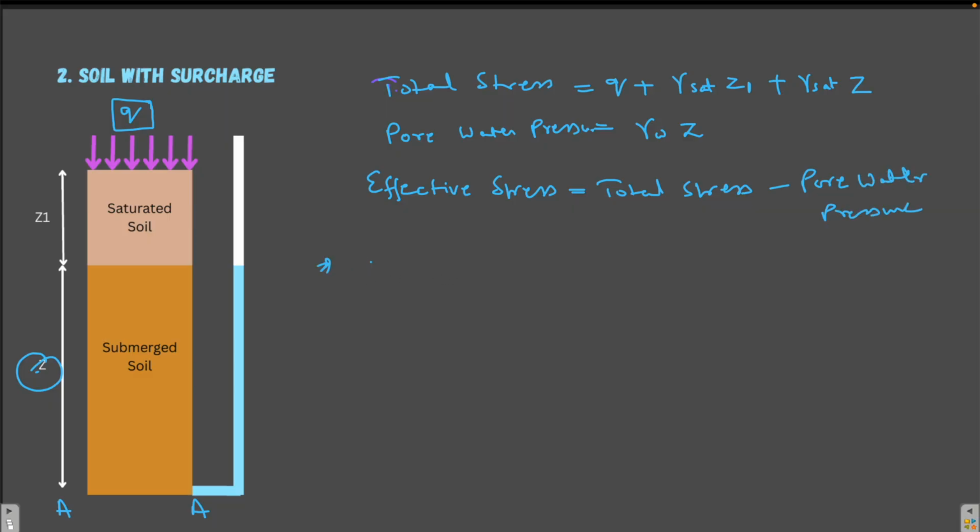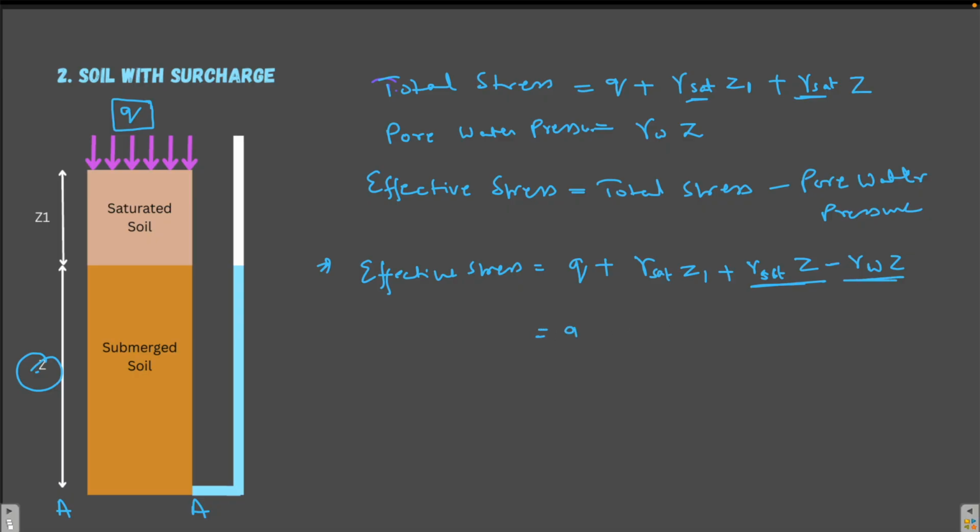So effective stress will be Q plus gamma saturated into Z1 plus gamma saturated into Z minus gamma W into Z. Here you see this is Z and Z, I'll take it common.